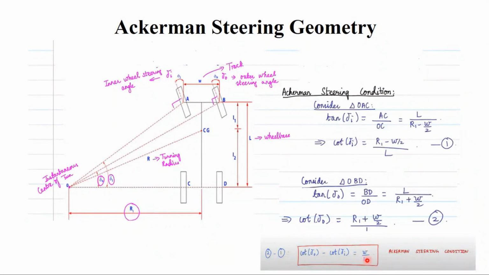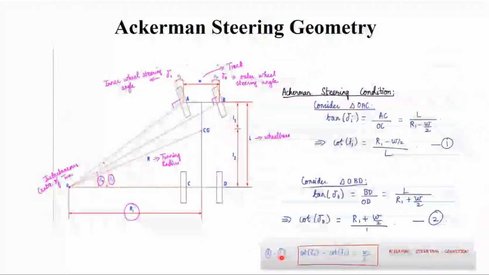Okay, so you should design the steering mechanism or steering system in such a way that the angle of delta O and the angle of delta I, and W is nothing but the wheel track, and the length L is nothing but the wheelbase.